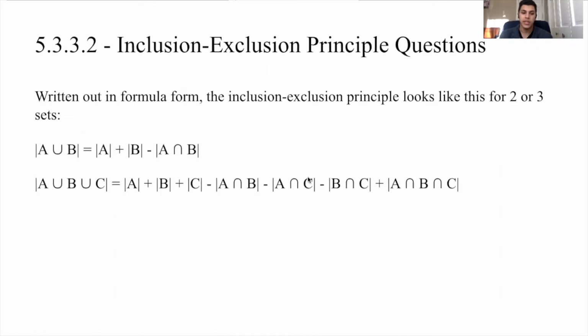Next, we talked about the inclusion-exclusion principle, which is when you're finding the union of 2 or 3 sets, when you're finding the amount of numbers in that union, you can change it up where you add the amount of numbers in all those sets together, subtract all the numbers in the intersections of 2 of the sets, and then if you have 3 sets total, then add all the numbers in the intersection of all 3 sets. And then we did a review question on this page about that.